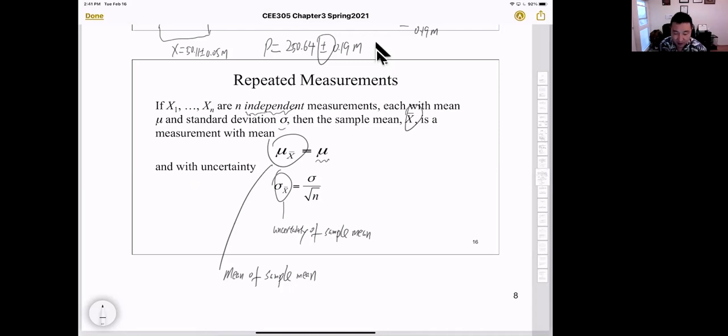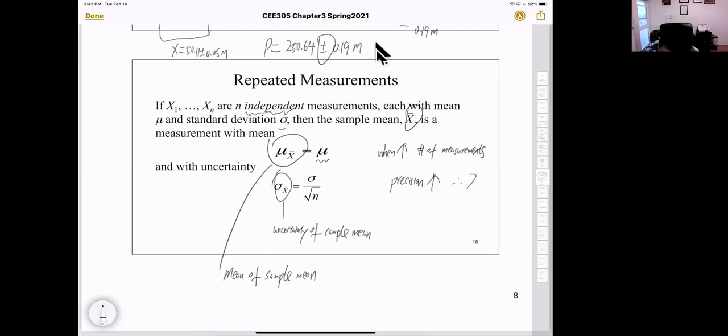So from here we can see that when we increase the number of measurements, the precision will increase. Why?